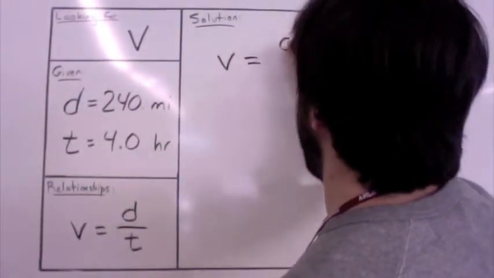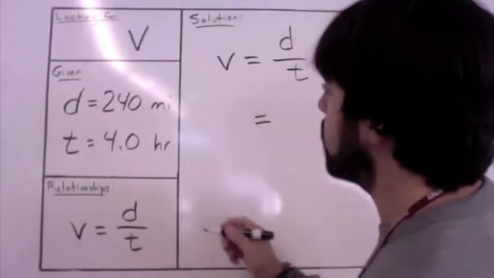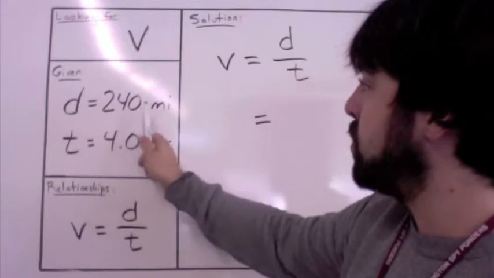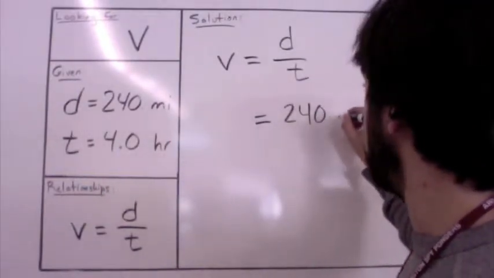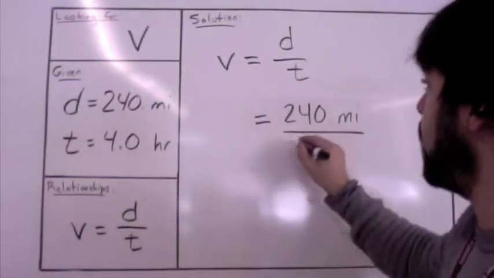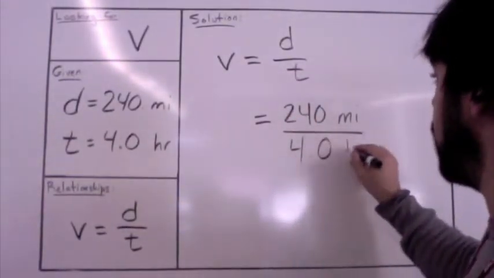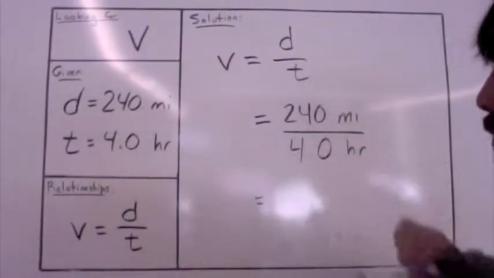Again, rewrite your equation. All right. Our D is 240 miles, so that's 240 miles. Our time, T, is 4.0 hours. So do 240 divided by 4.